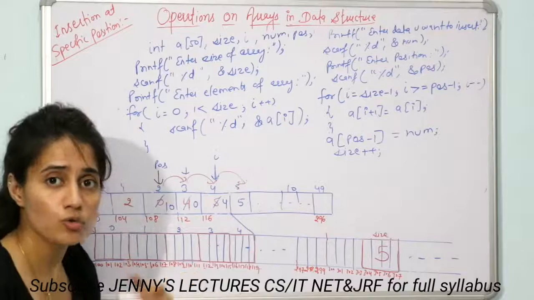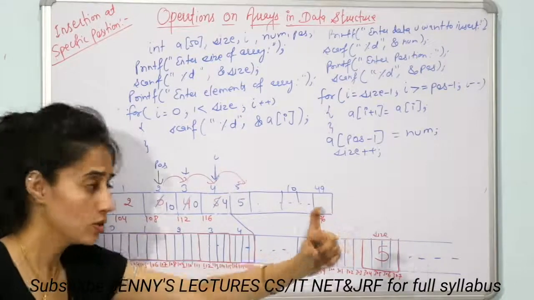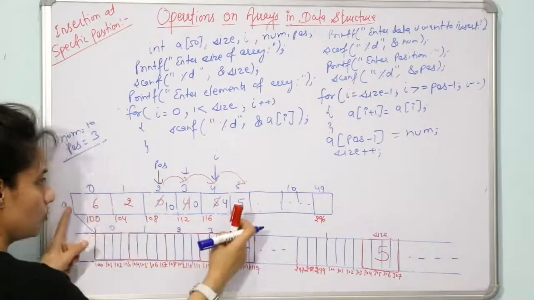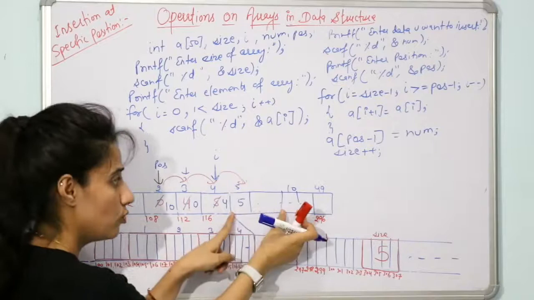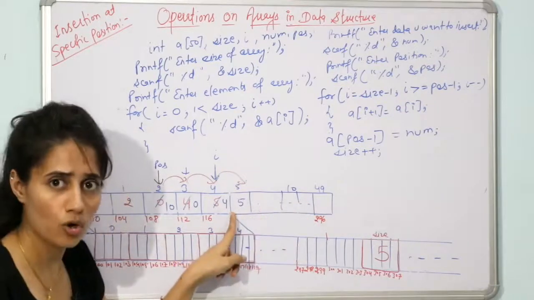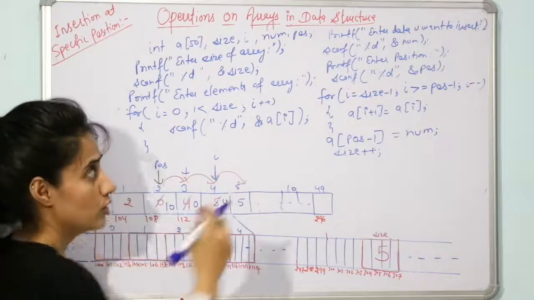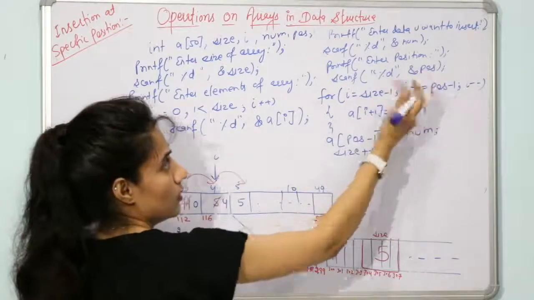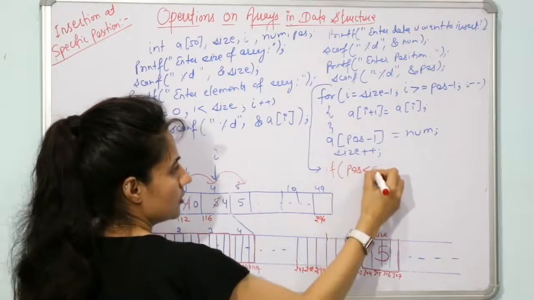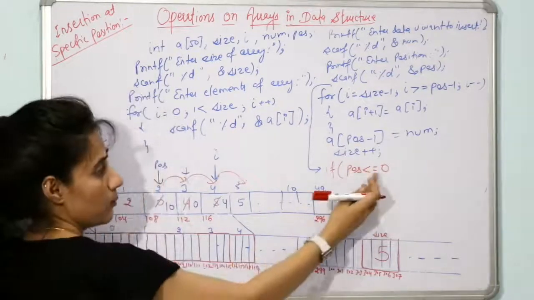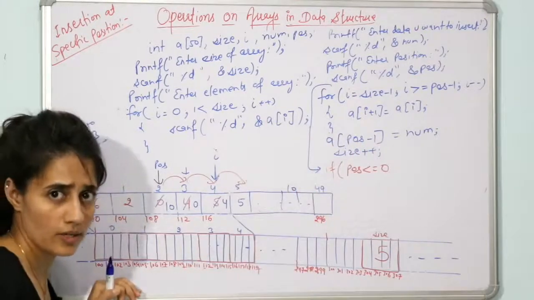Because in arrays you are going to store the data in consecutive locations, or you can say continuous locations. So it's not like you have data from 0 to 4 and you skip these positions and now you are going to insert here. That is not possible in an array. So here you can also write one if condition on position. After this, here you can write if position is less than or equal to 0, because if we take position equal to 0, then here 0 minus 1, that is minus 1, is invalid.